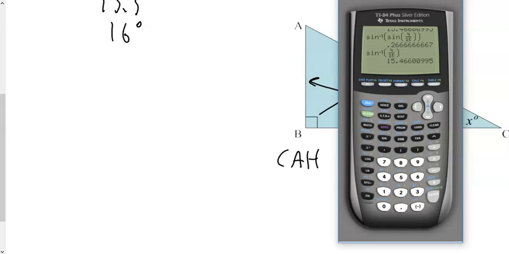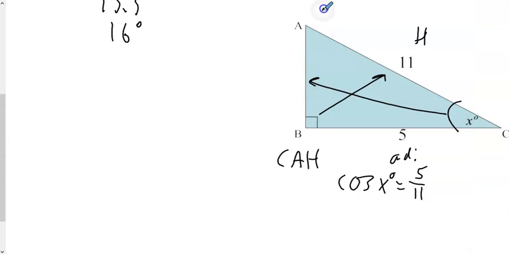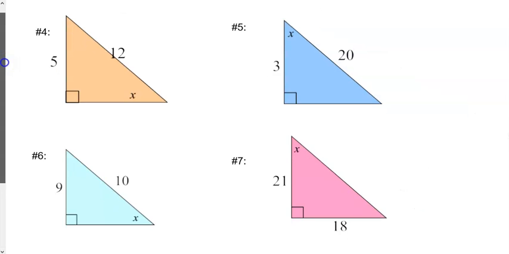So we take our calculator. Second cosine 5 divided by 11. About 63 degrees. That's all we're doing.